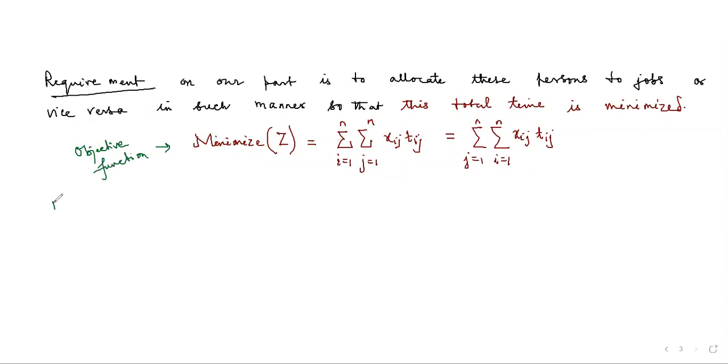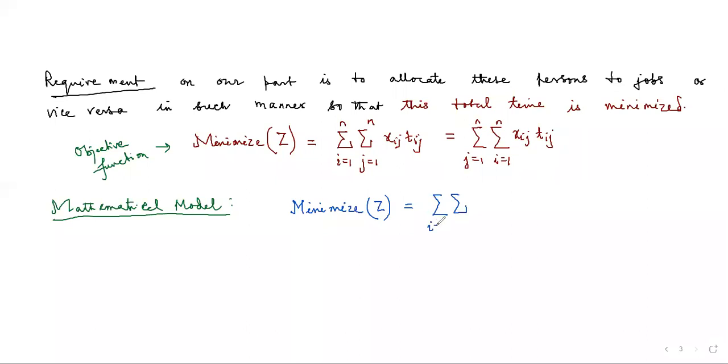So ultimately, the mathematical model of this current situation takes the following form. What is the form? Let us try to write it. Write all these things together. So the objective function is minimize capital Z is equal to double summation i goes from 1 to n, j goes from 1 to n, x_ij t_ij, subject to several restrictions.